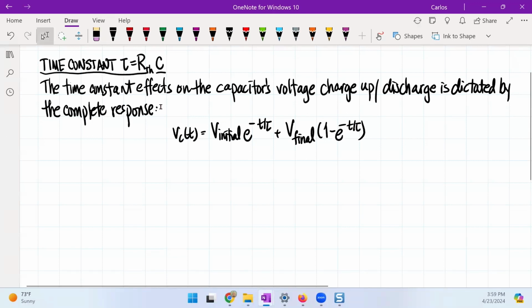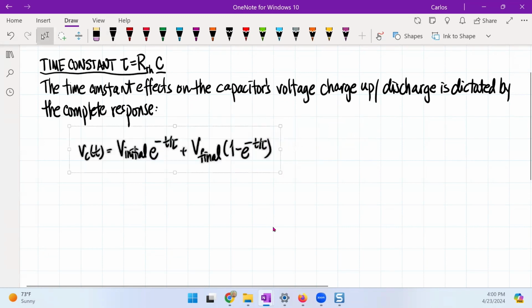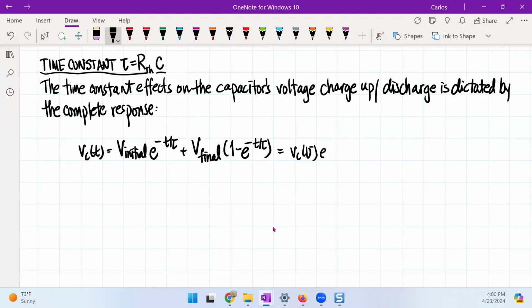So if I write this in detail, we're really talking about Vc of 0 minus times e to the minus t over tau plus VOC times 1 minus e to the minus t over tau. What we're finding here is that this is what actually happens here.